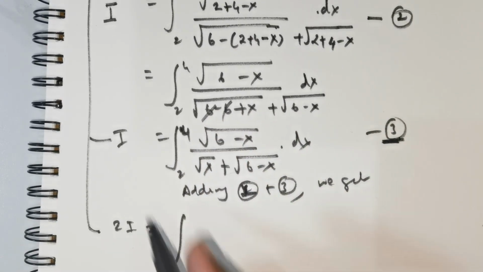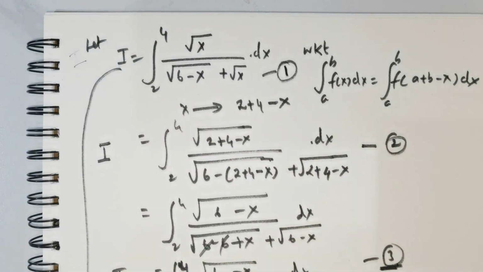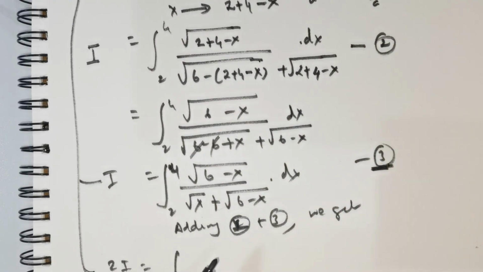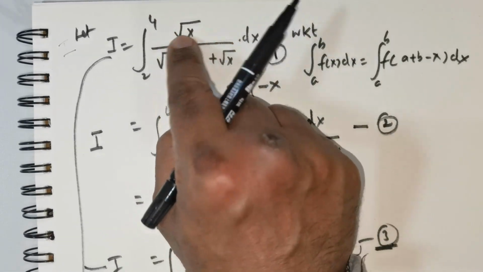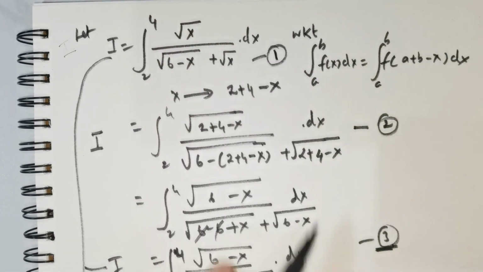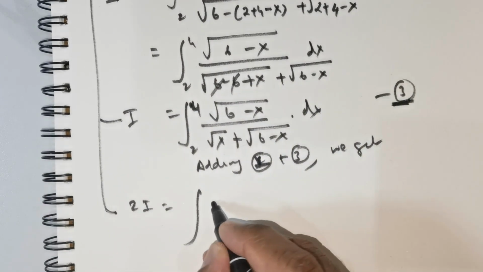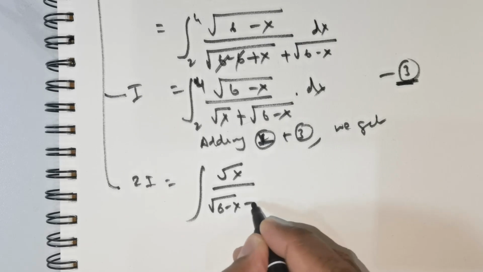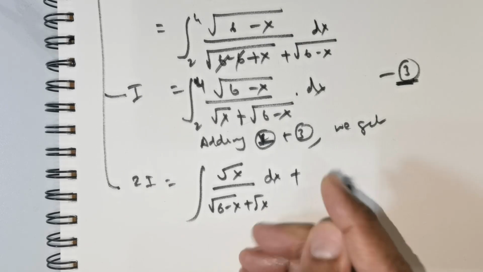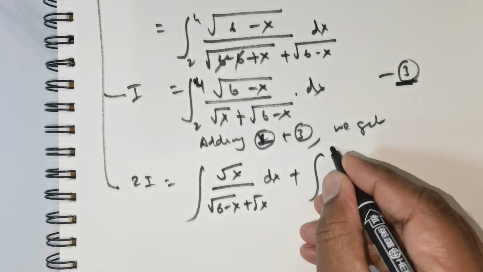Having mentioned that, if I add 1 with 3, this is going to give me 2I on the left. On the right, root of x over root of 6 − x plus root of x dx, added with root of 6 − x over root x plus root of 6 − x dx, limits 2 to 4.